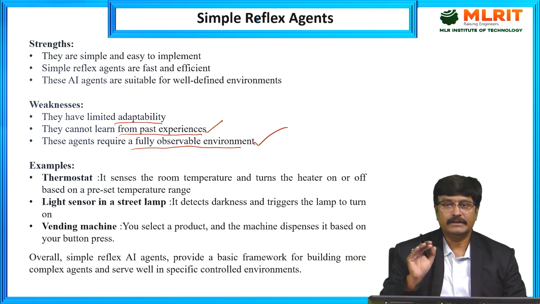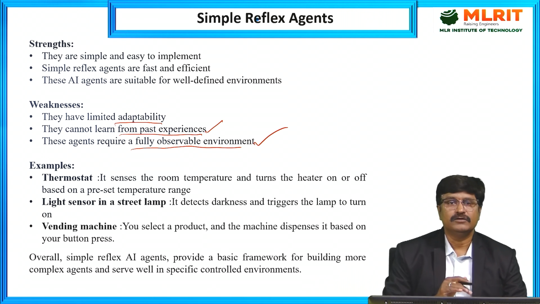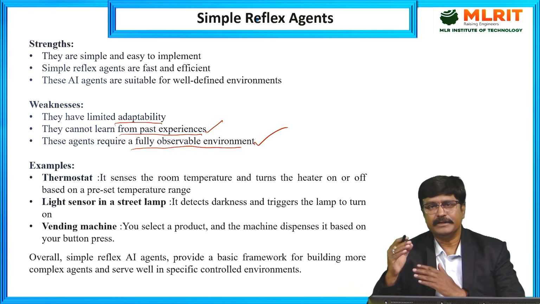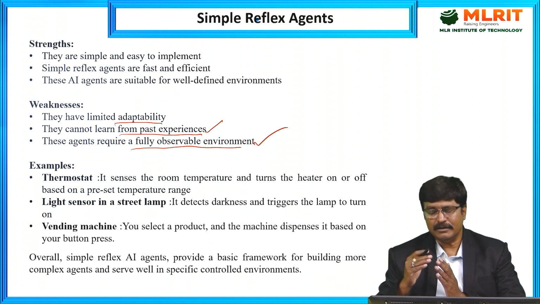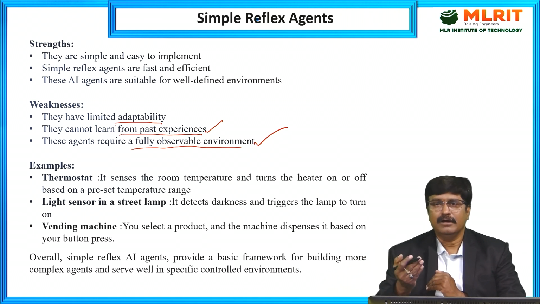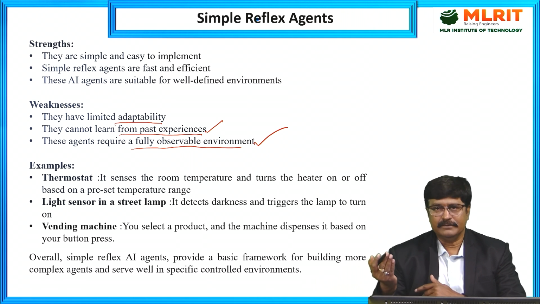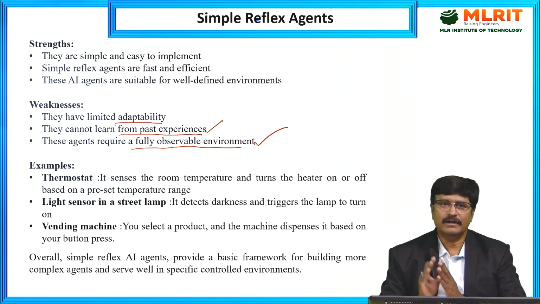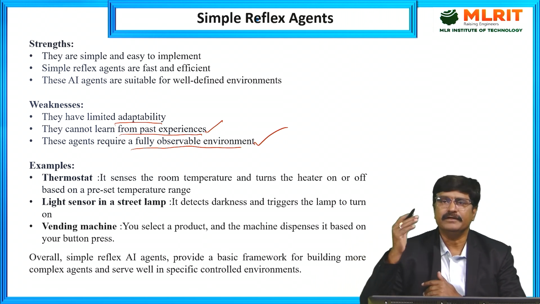So what are the examples, the applications related to this one? One is the thermostat. The thermostat has a temperature sensing element. It senses the room temperature and decides whether the heater is on or not. A predefined temperature is there, and based on the condition, the heater has to be on or off. If the temperature is below it, the heater has to be on; otherwise it should not be on. The thermostat is also useful for air conditioners.